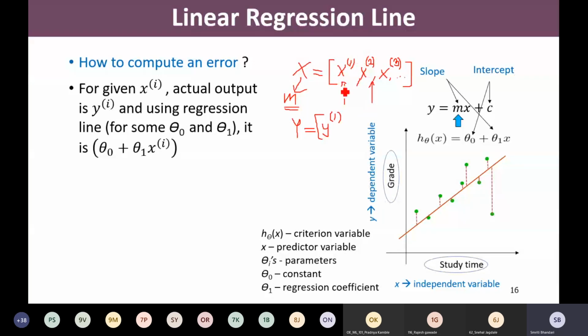So X1 with Y1, X2 with the associated actual output Y superscript 2. So for every sample in my training data set X, I am having the associated output Y.